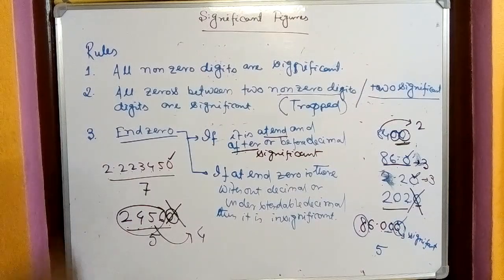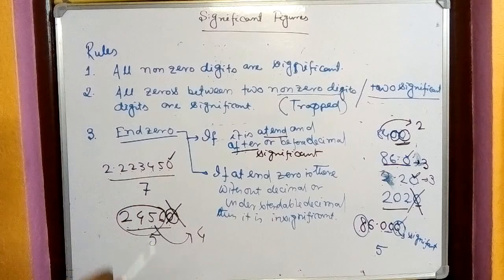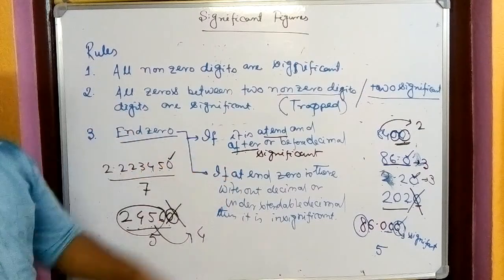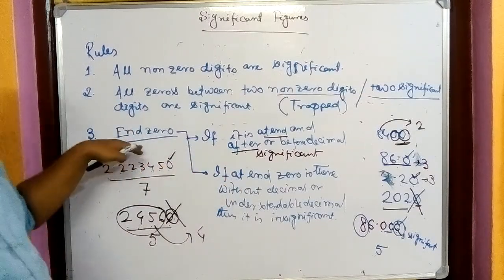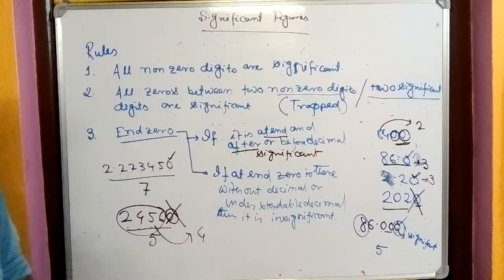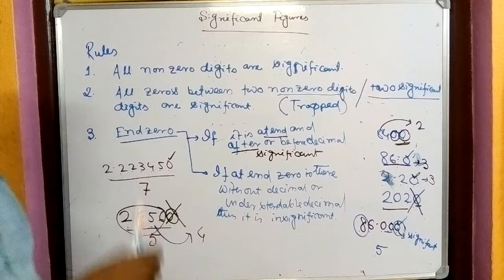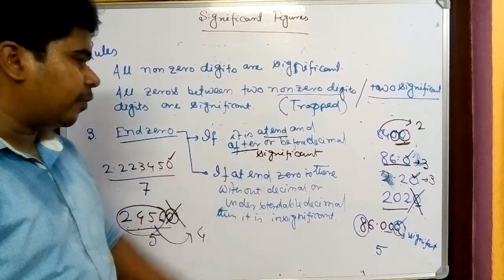So what we have seen here: all non-zero digits are significant. All zeros trapped in between two non-zero digits are significant. End 0 is where the problem comes, and for the end 0, if it is at the end and after decimal or before decimal, it will be significant.